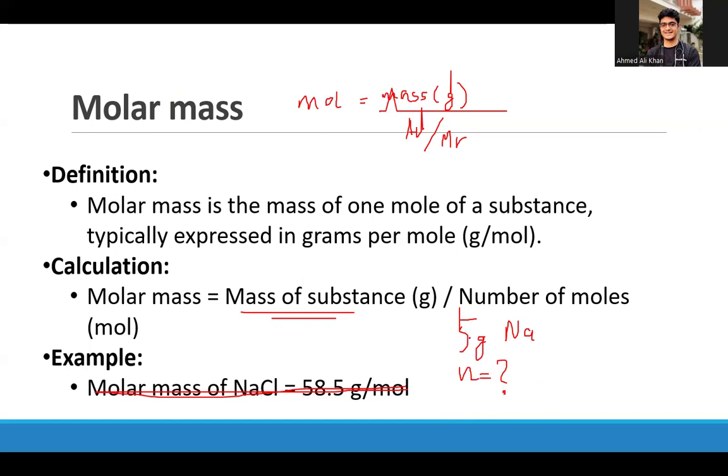I know that I have 5 grams of sodium, so I have the mass in grams. I'll divide it by its AR, because we need it for sodium. What is the AR of sodium?